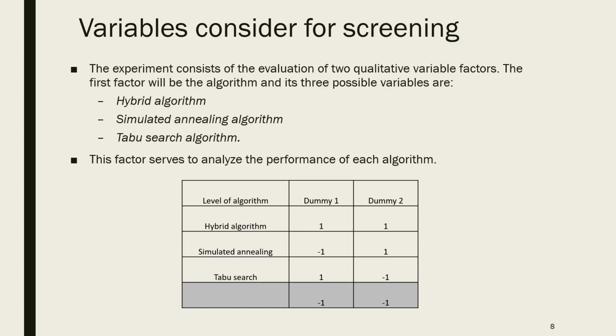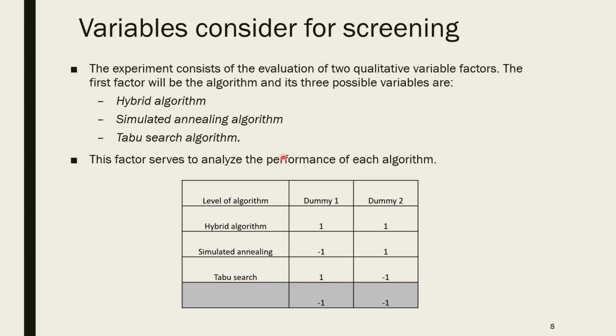The experiment consists of the evaluation of two qualitative factors. The first factor will be the algorithm, and its three possible levels are hybrid algorithm, simulated annealing algorithm, and taboo search algorithm. This factor serves to analyze the performance of each algorithm in this problem.